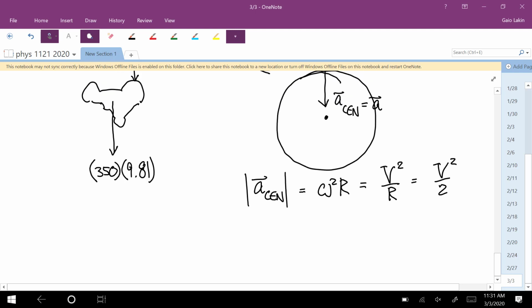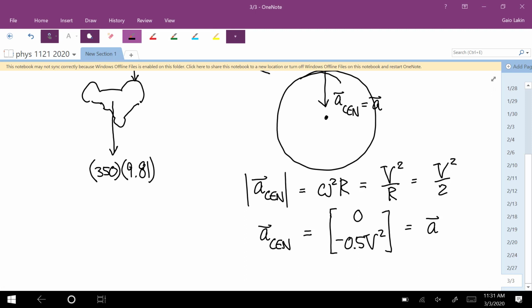The centripetal acceleration is in the negative y direction, so the centripetal acceleration vector is 0, negative 0.5 v squared. And that's the total acceleration. Depending on what the speed is, that's going to change the magnitude of the acceleration, but we have the acceleration expressed in terms of that speed. That's what we want, because now we're going to be able to calculate what v is so that it meets our criterion.